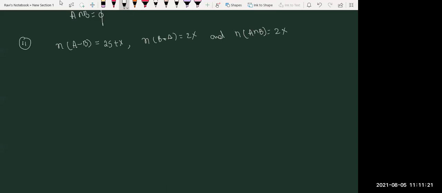A intersection B is also 2x only. And the other condition given is n of A equals 2 times n of B.